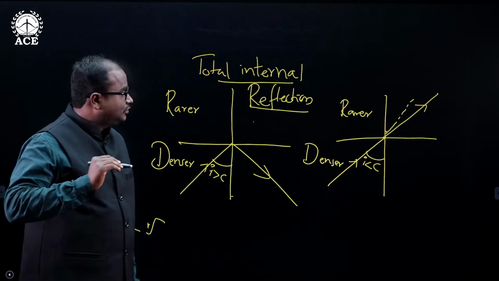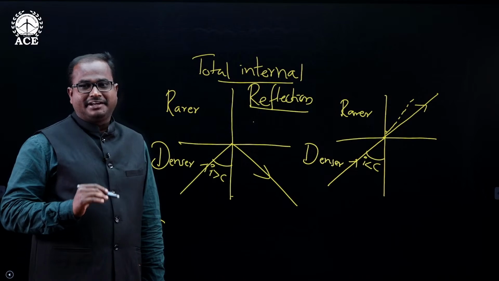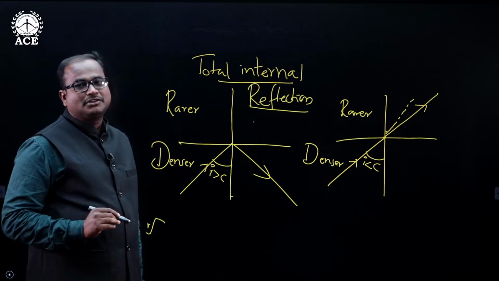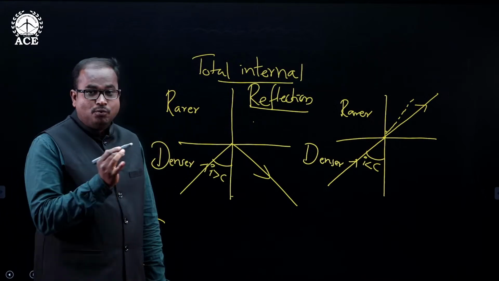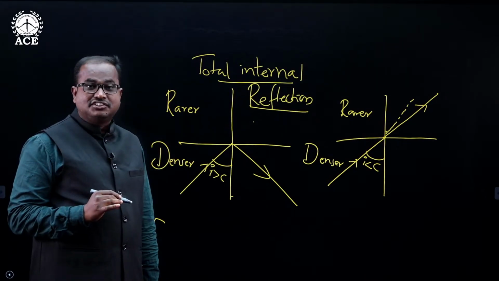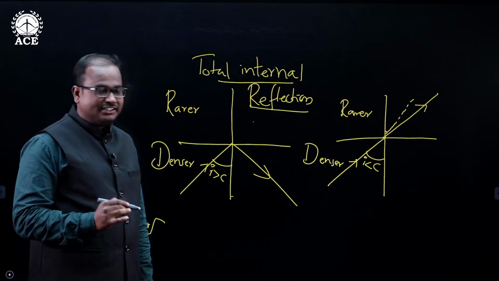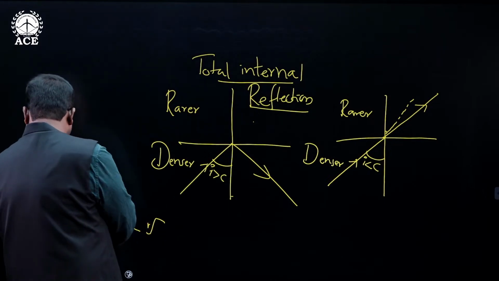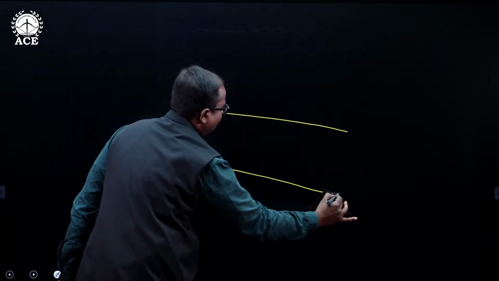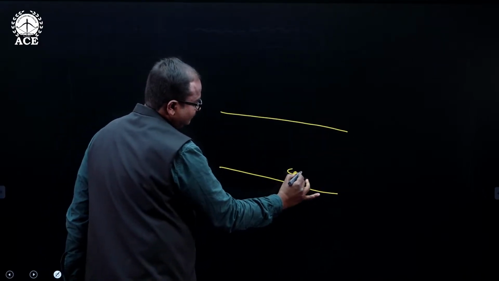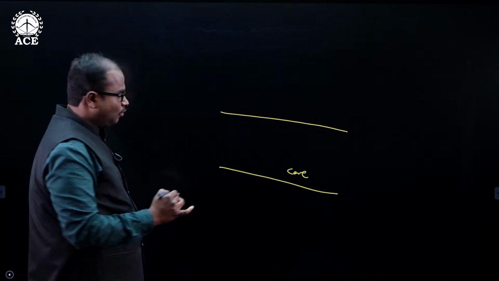This is the main principle involved in the working of an optical fiber. How is this total internal reflection seen in an optical fiber? Let us see. Suppose this is the core medium.